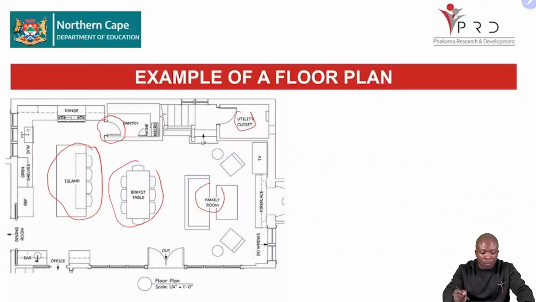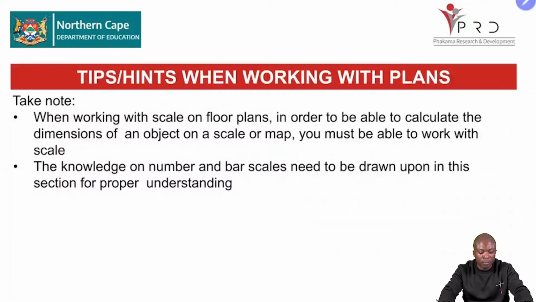Now, we can also look at the floor plan and we will see doors. You see what I was referring to here? This is another one, but this time it is showing 2 of the quarters, and that is a double door. So we expect you to be able to know and be able to identify these symbols.